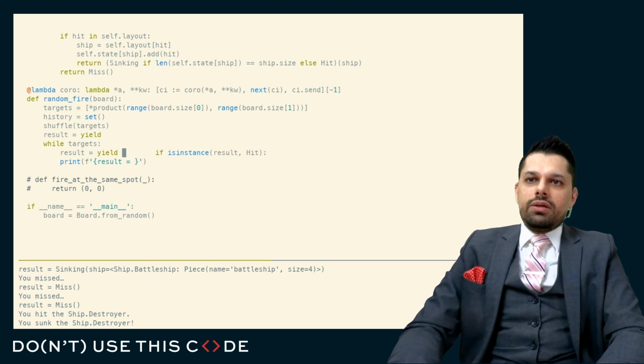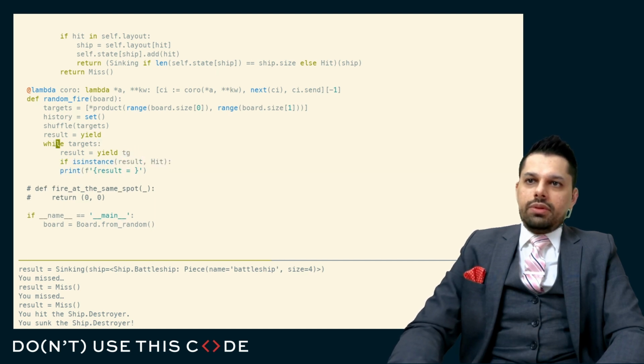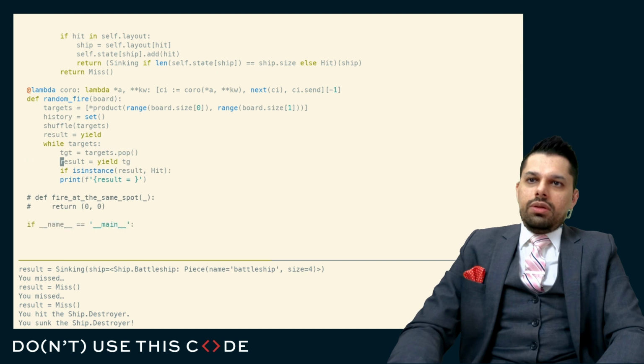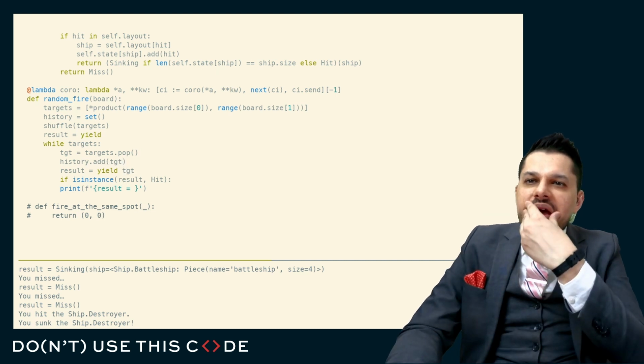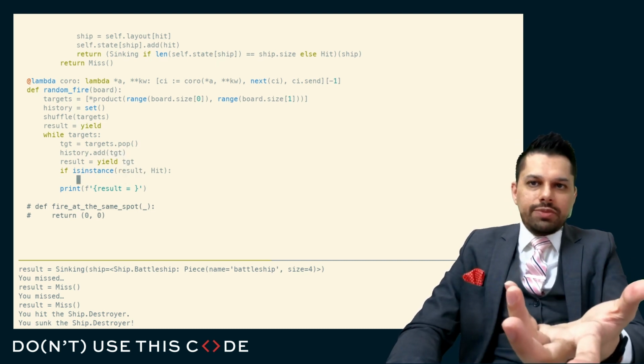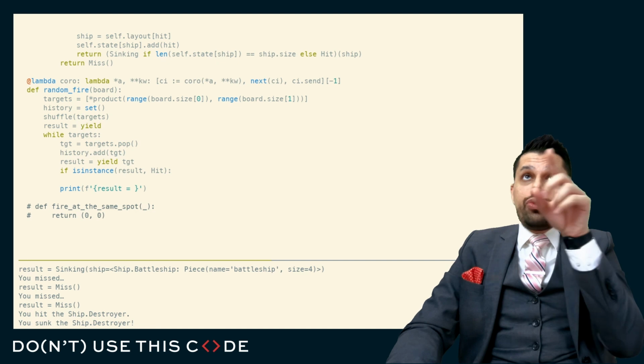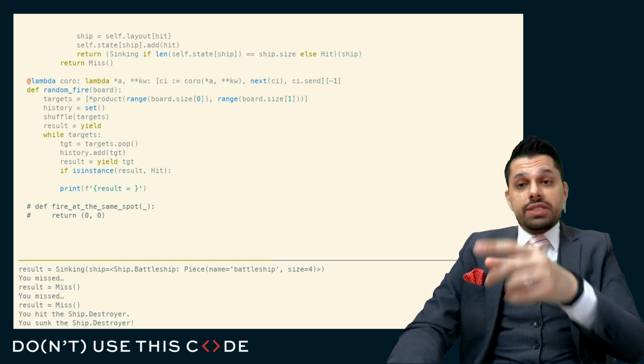This is my target. And here we'll add this to my history, just so that we can do this. So if we manage to hit, then we can just say, there's 1, 2, 3, 4 possible other places that we could look.